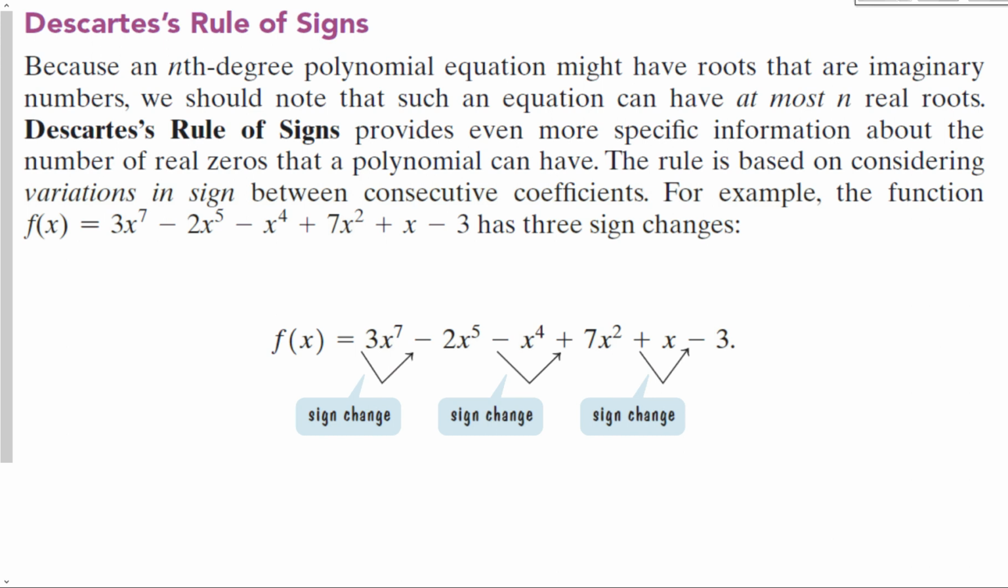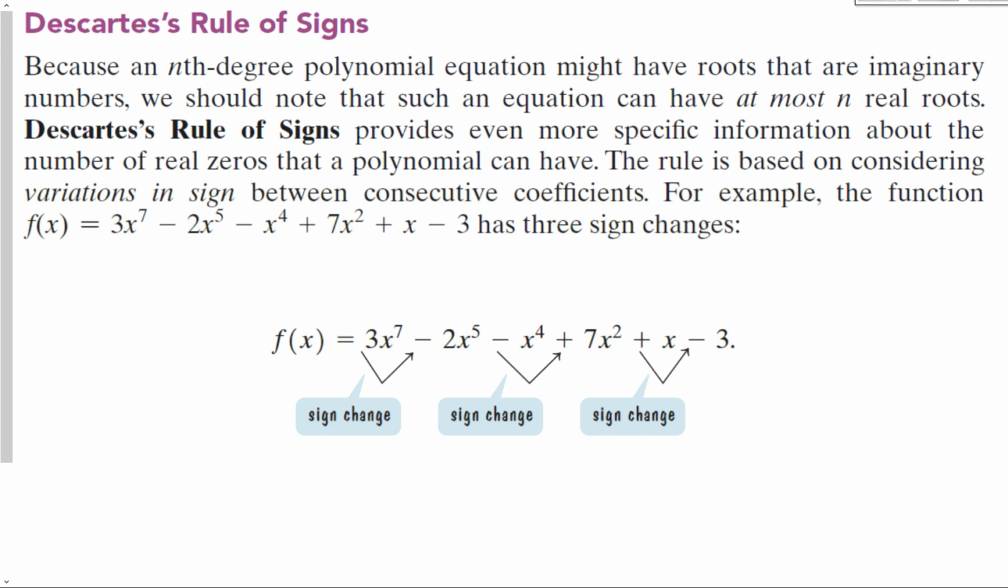Descartes' rule of signs. Because an nth degree polynomial equation might have roots that are imaginary, we should note that such an equation can have at most n real roots. So Descartes' rule of signs provides even more specific information about the number of real zeros in a polynomial. The rule is based on considering variations in sign between consecutive coefficients.